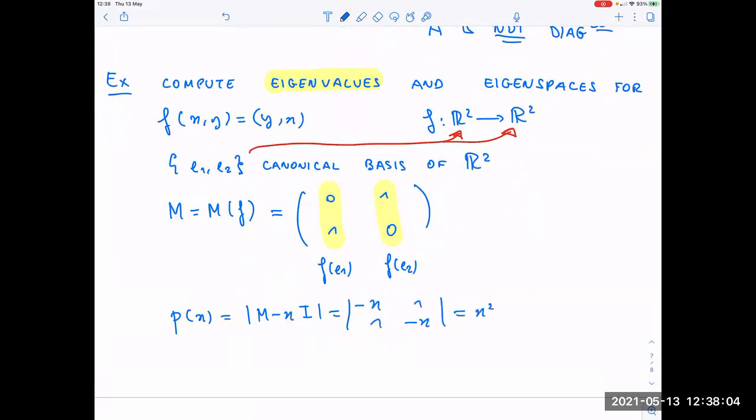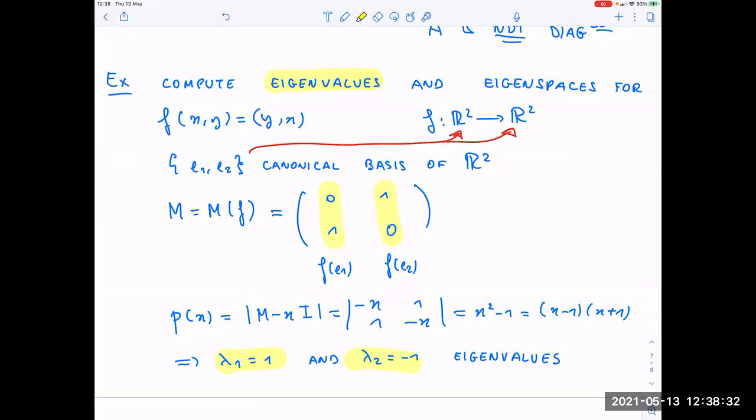And so I get x squared minus 1, which factors as (x minus 1)(x plus 1). And so we have the two eigenvalues, lambda 1 equal 1 and lambda 2 equal minus 1. And this is what, for example, Cesare Piemontese produced.